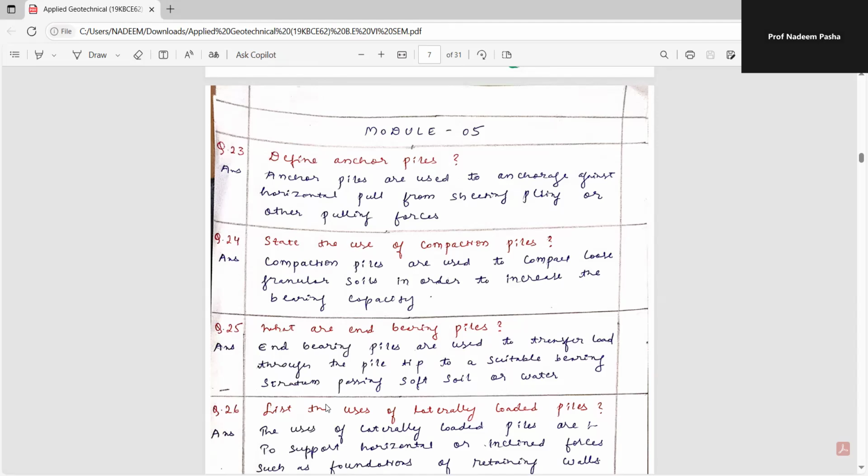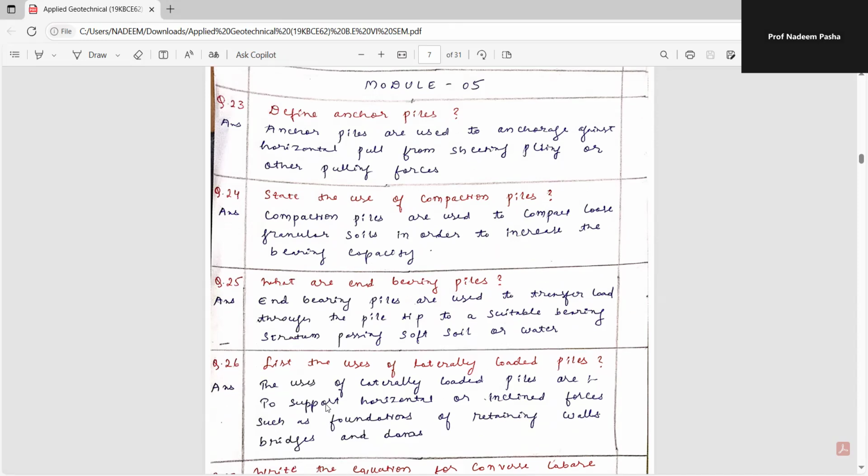List the uses of laterally loaded piles.